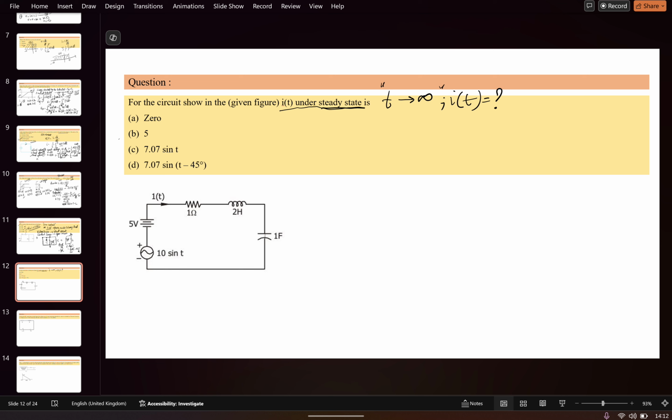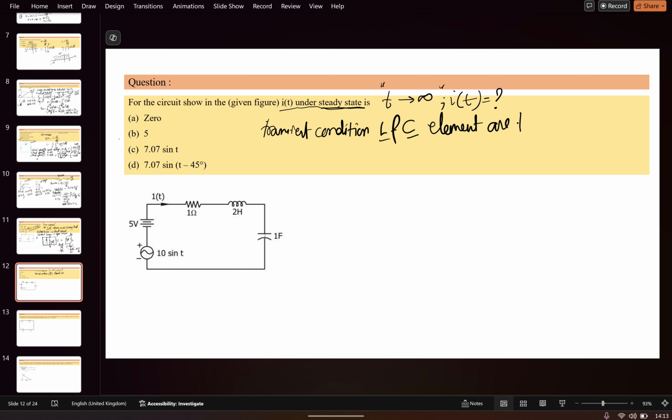So let me explain this question, and after that I will give a little time to solve the other parts as well. Suppose there is a circuit under the transient condition where L and C elements are there.